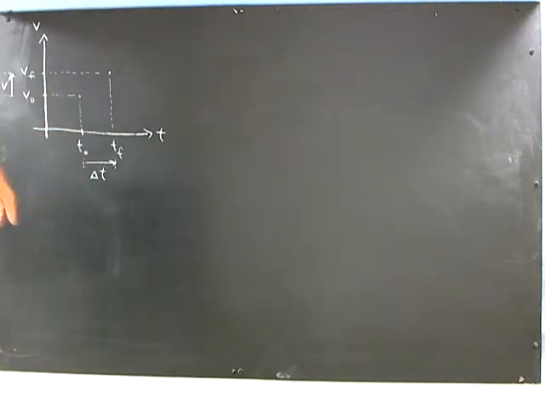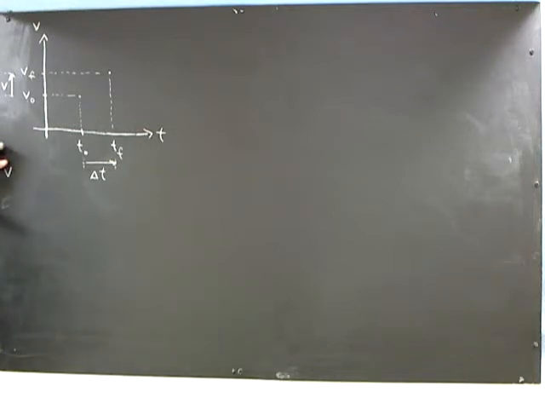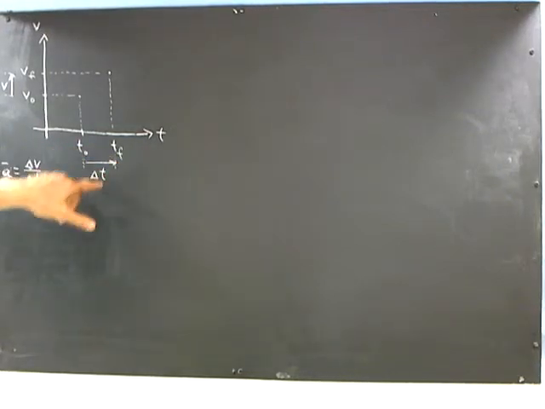So from this graph, if we can measure the coordinates, we could calculate the average rate of change of velocity, the average acceleration, which is delta v over delta t. So if we know t0 and tf, we can find delta t. If we know v0 and vf, we can find delta v.